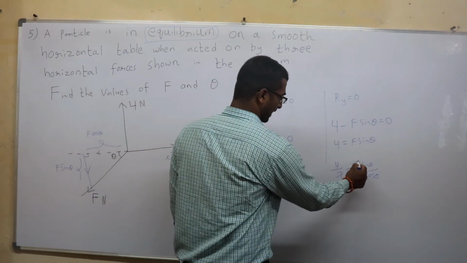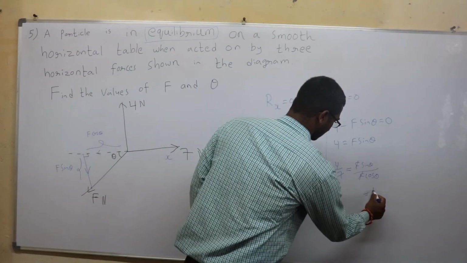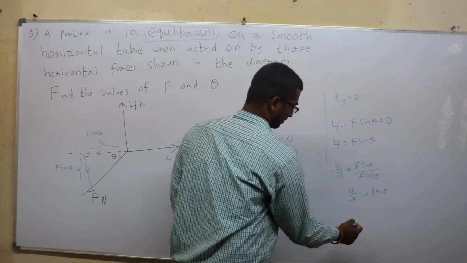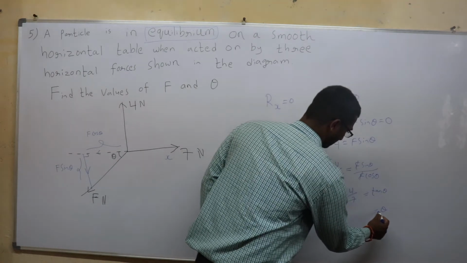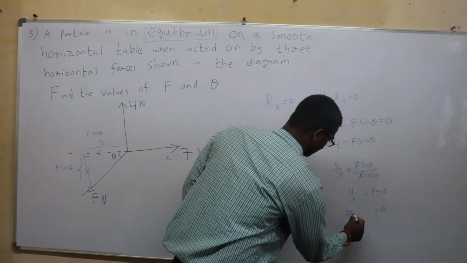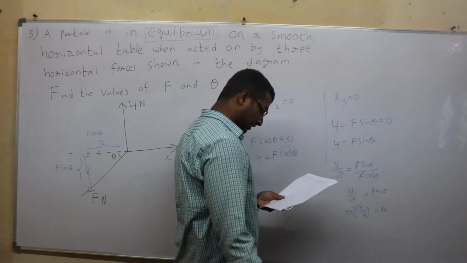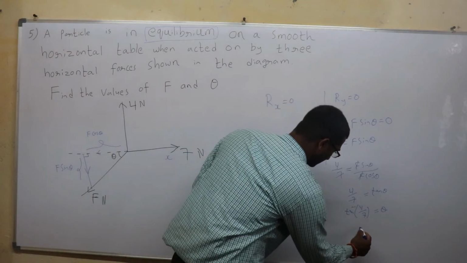F and F get cancelled, tan theta equal to 4 by 7. So theta is nothing but tan inverse 4 by 7, which is 29.7 degrees.